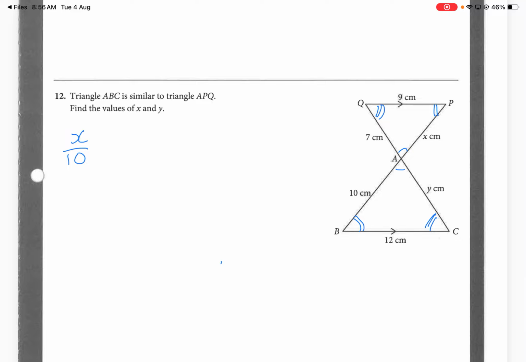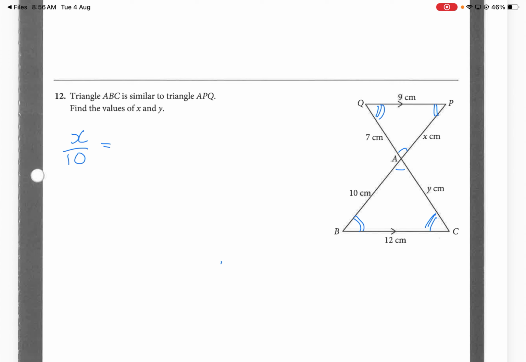X over 10 is the scale factor, small one over big one. Then I want to know what the scale factor is. I need another corresponding side, and this corresponding side must have both numbers. Very good, 12 and 9. Because PQ corresponds to BC and I know both the numbers.